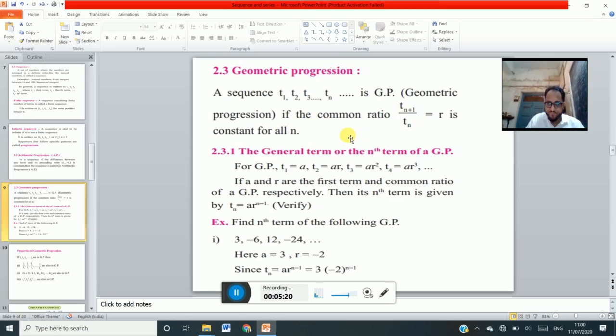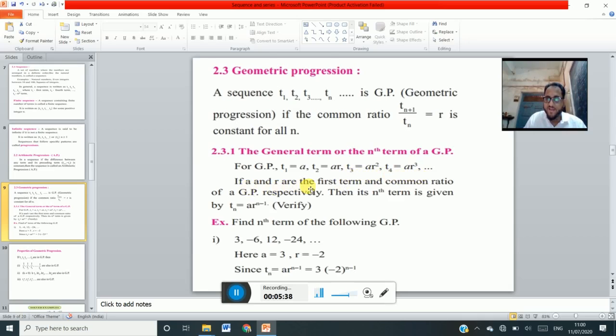Then the general term, or the nth term, of the geometric progression. For a GP, T1 equals A, T2 equals A into R, T3 equals A into R square, T4 equals A into R cube.